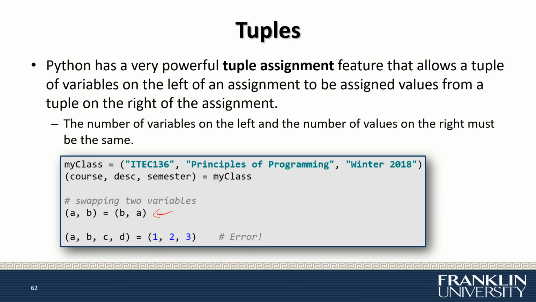In other programming languages, you have to create a temporary variable to hold the data when you do swapping. But with Python, I can swap A and B values using a tuple. And again, both the left and right hand side must have the same number of variables in order to assign.